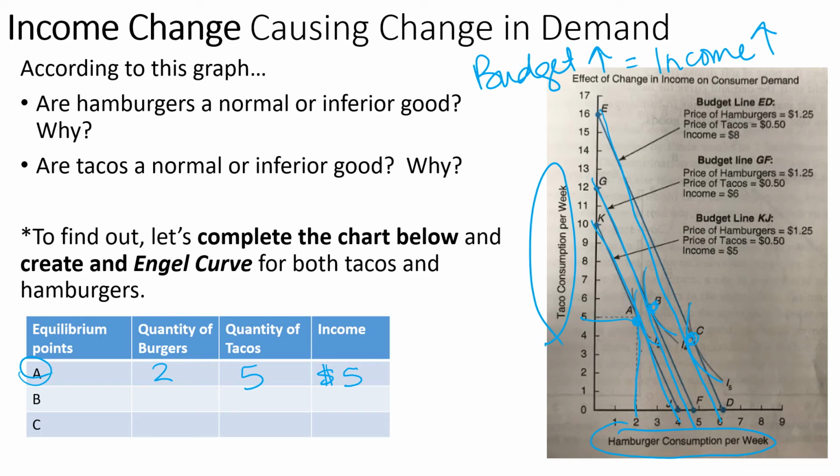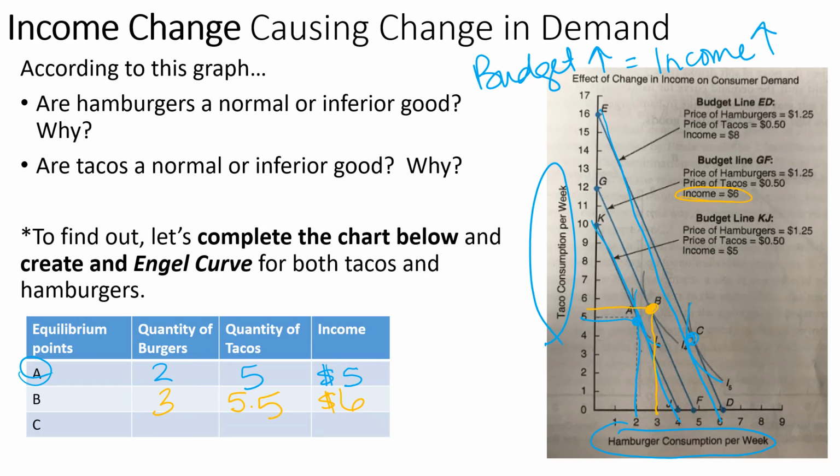At equilibrium B, 3 hamburgers and 5.5 tacos, and the income at that level is $6.